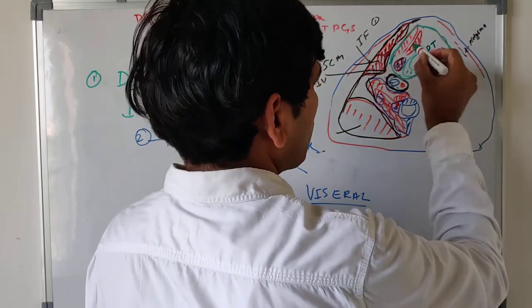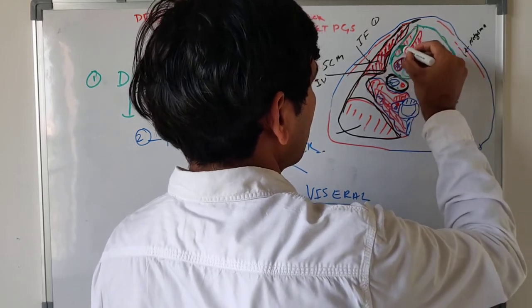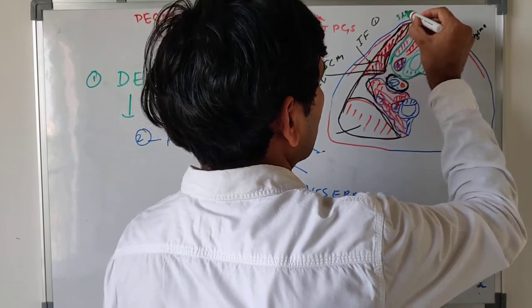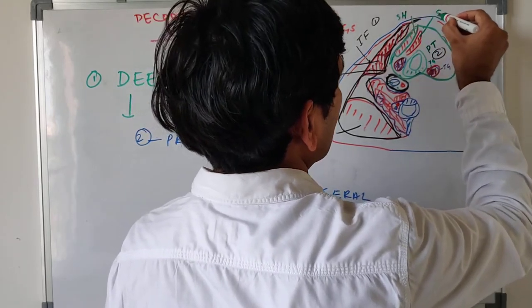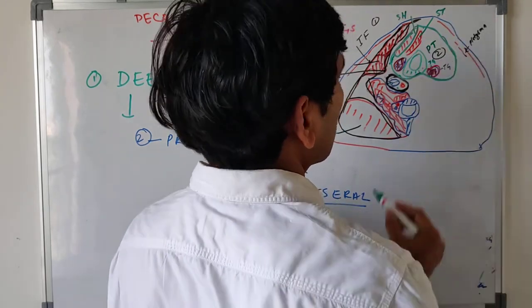This muscular part covers all the infrahyoid muscles.